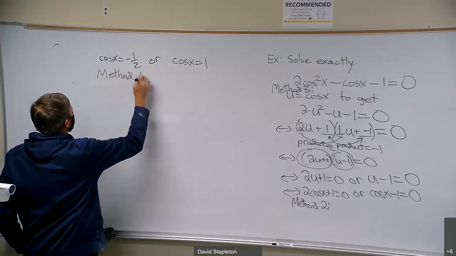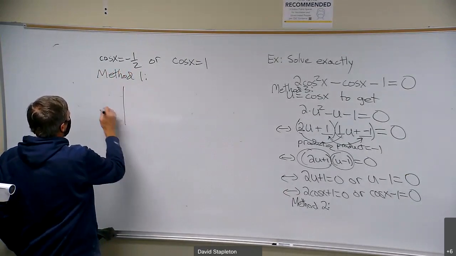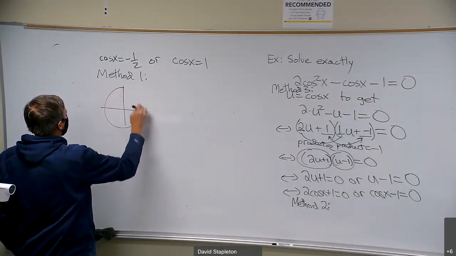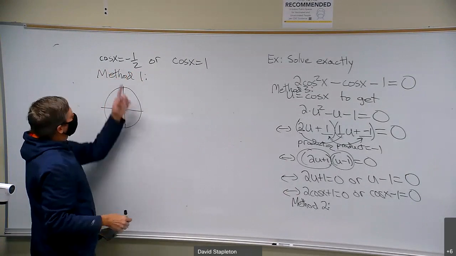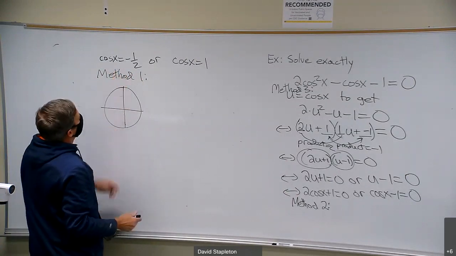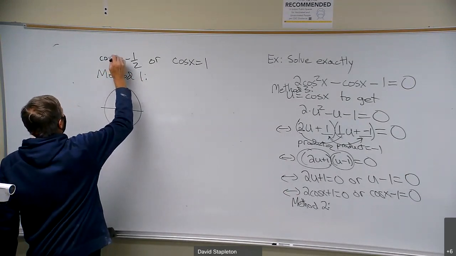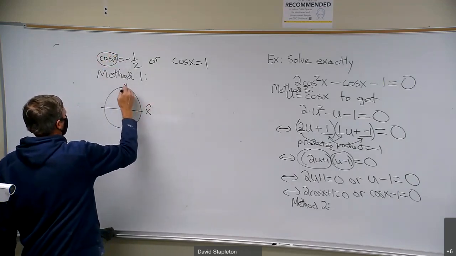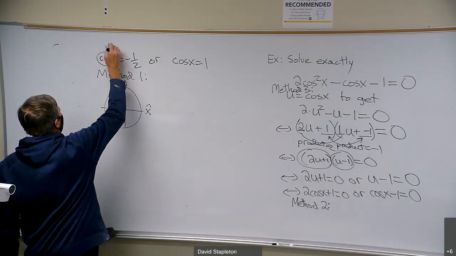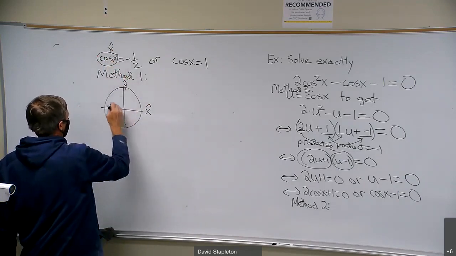And since I have trig function equals a number, I solve it on the unit circle. How to make cosine x equal minus 1/2. I wish this was a theta in here. I'm just trying to follow the notation in the book. Since this is x, I'll call the coordinates on the unit circle x hat and y hat, just to differentiate. So I want x hat on the unit circle equal minus a half.